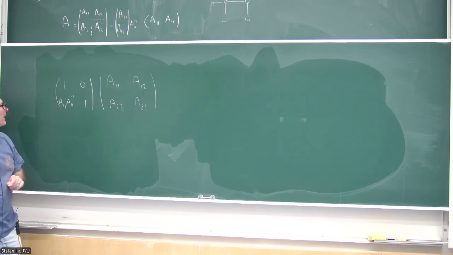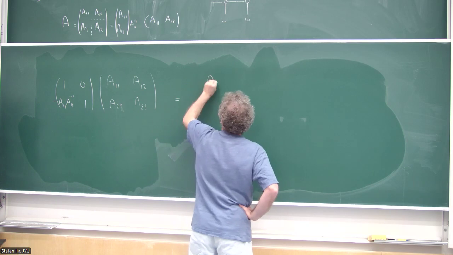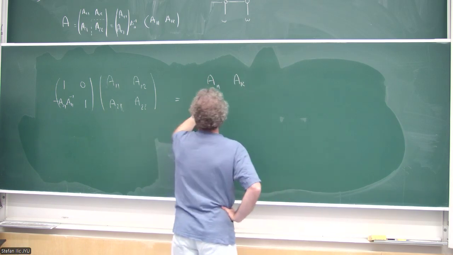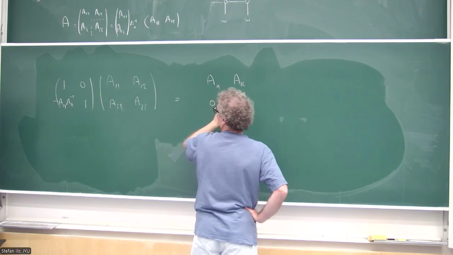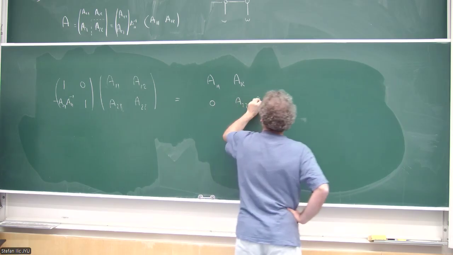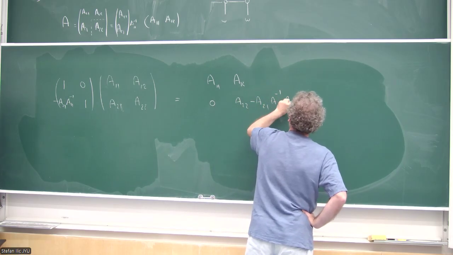So if I do that, the first row is unchanged, and here I get 0, and here I get A22 minus A21 A11 inverse A12.